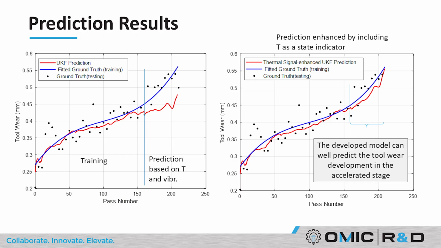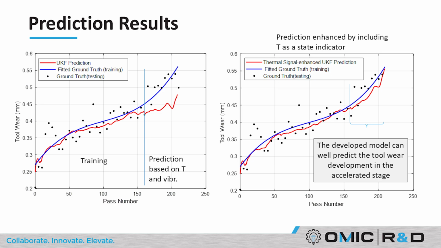And we can see that this conventional model can somehow predict the trend of the tool wear development, but not that accurately. It can show some increase over there, but the difference is large.